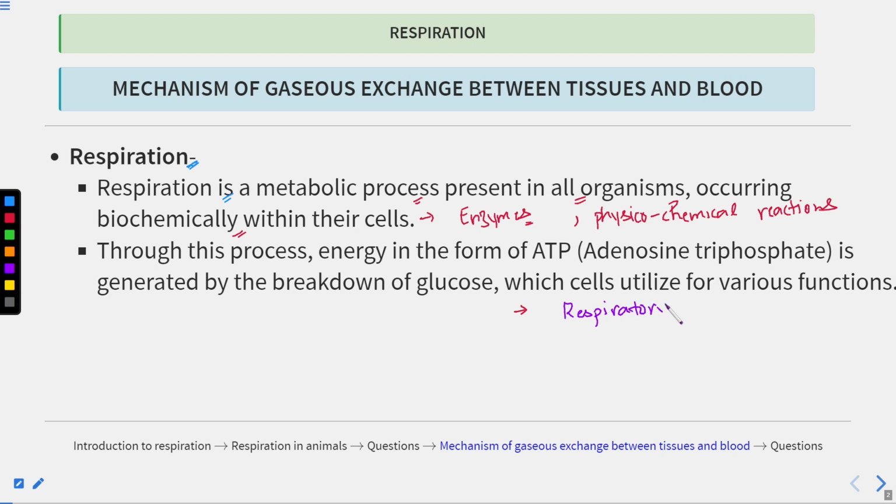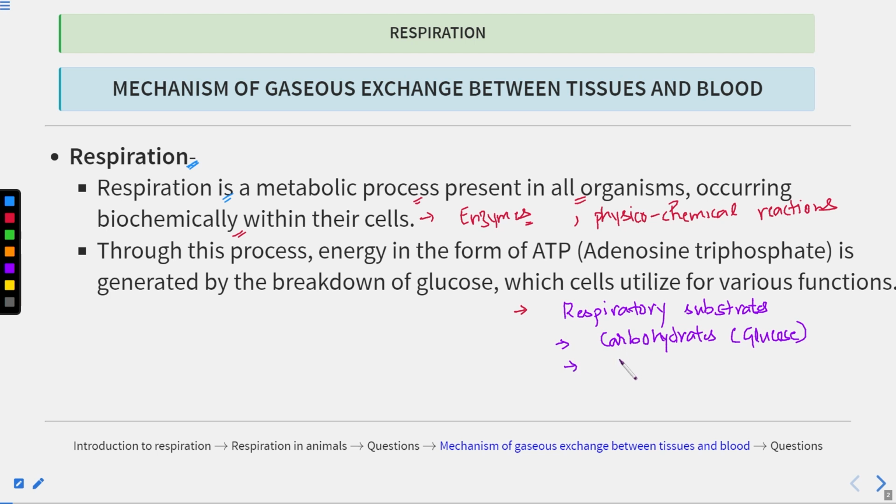What are the types of respiratory substrate? The first one is carbohydrate, and among carbohydrates, glucose is the most readily available. So glucose is mostly used during respiration, and oxidation of glucose results in the production of energy.